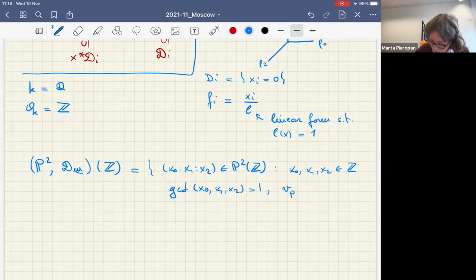the p-adic valuation of xi is 0 or at least mi, for every i and for every p, which now is really a prime number.